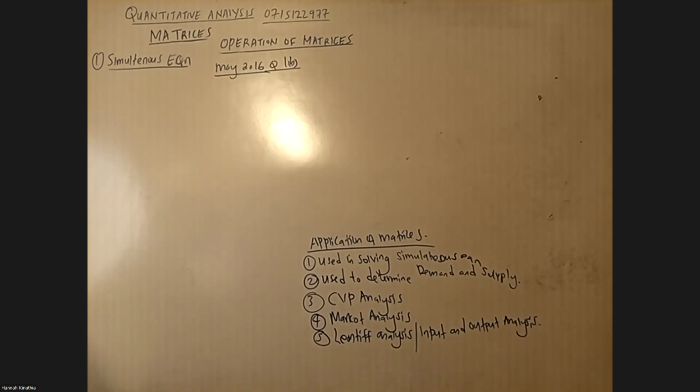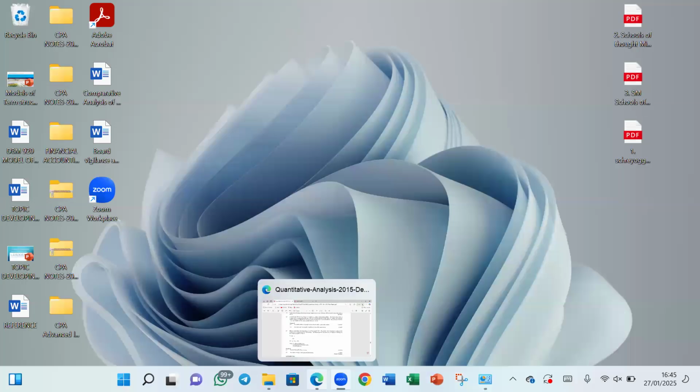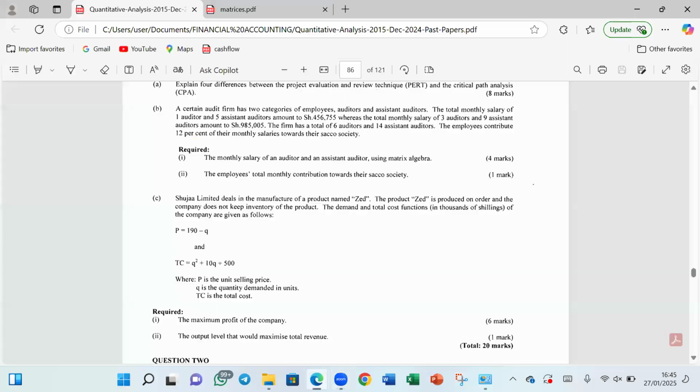Okay, a certain audit firm has 2 categories of employees, the auditor and assistant auditor.